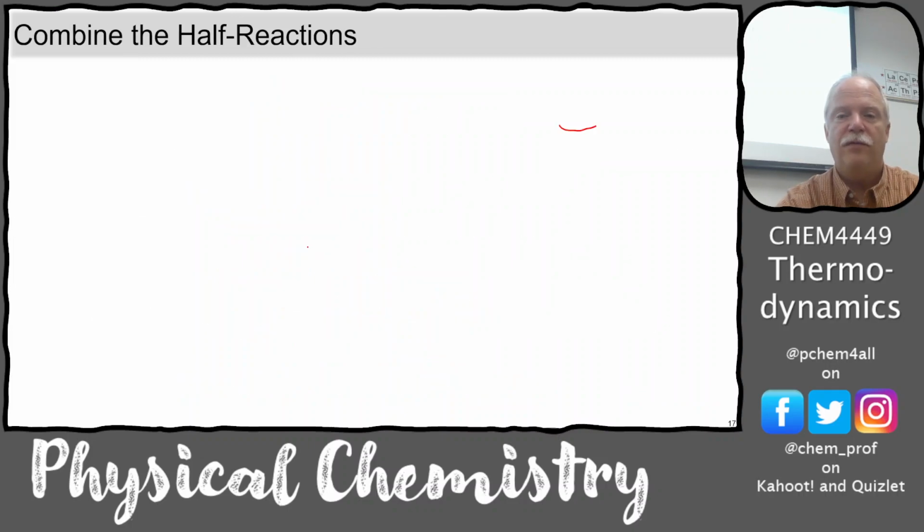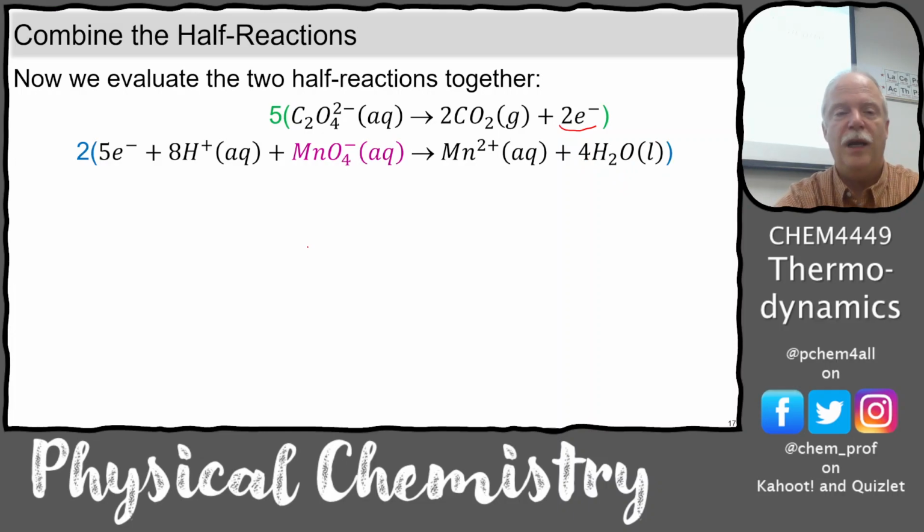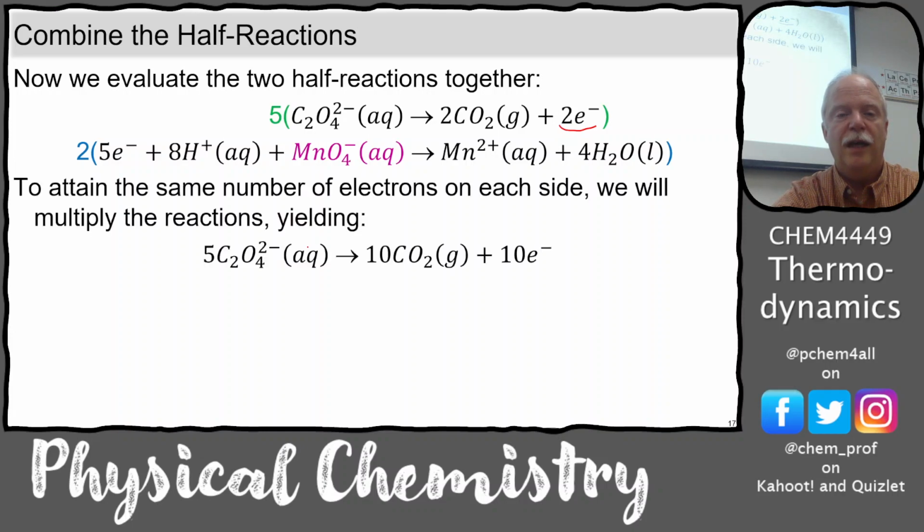Then we combine the half reactions. The oxalate produced 2 electrons, and the permanganate needs 5 electrons. That's a strong oxidizing agent. It'll steal 5 electrons from something. So we multiply one by 2 and the other by 5 and bring it down. That's where I think people make their mistakes.